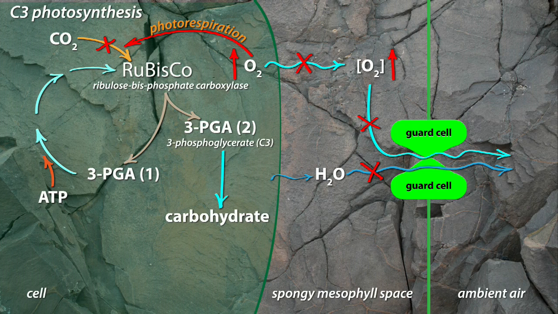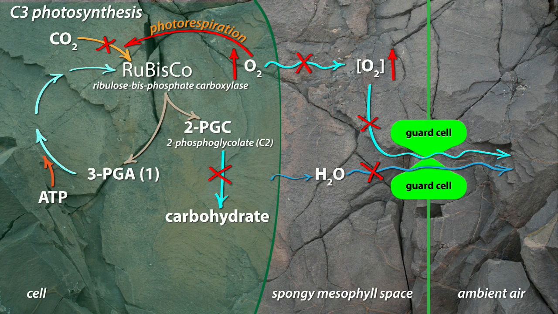Now, Rubisco does not break down into two C3 molecules, but one 3-PGA, which feeds back to regenerate Rubisco, and a 2-carbon molecule, 2-phosphoglycolate, or 2-PGC for short. 2-PGC cannot feed back into carbohydrate production, and this eliminates the leaf's ability to fix carbon into carbohydrate.